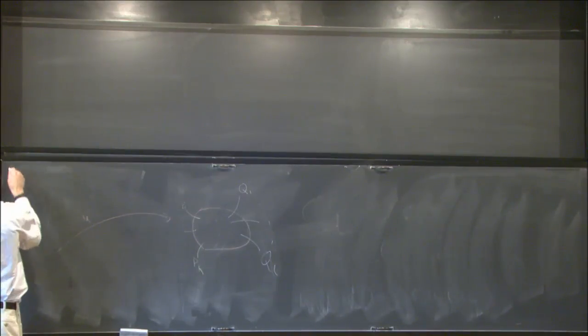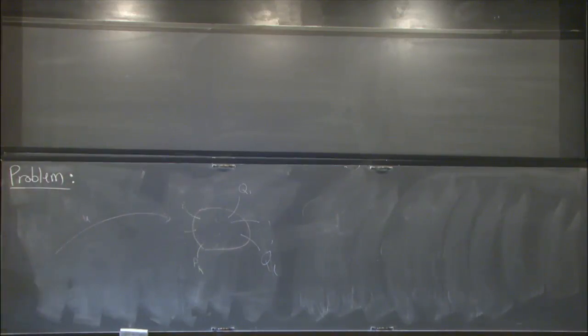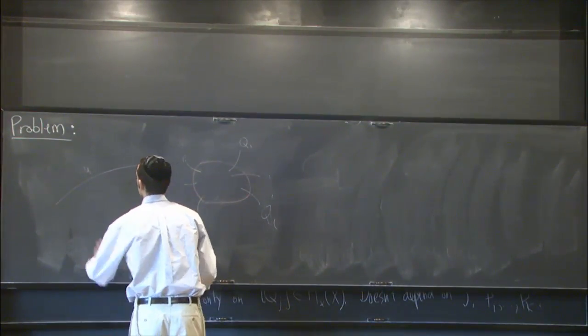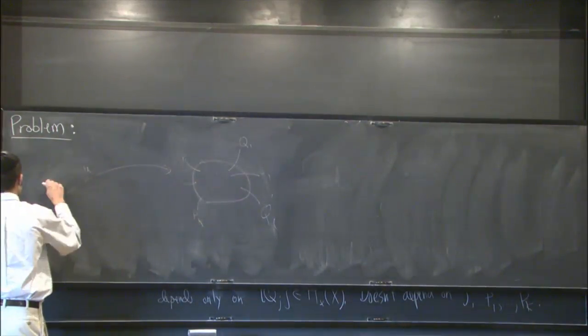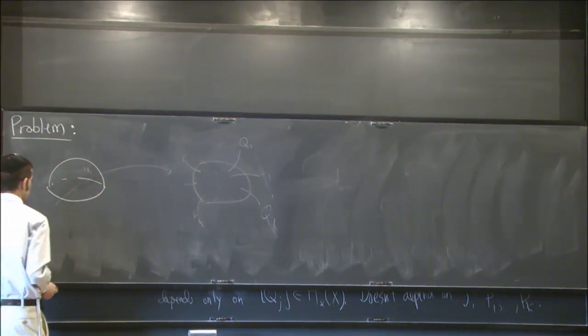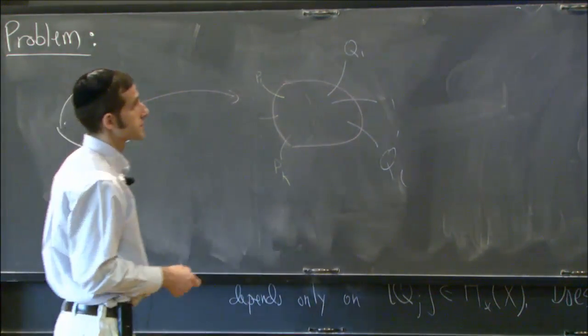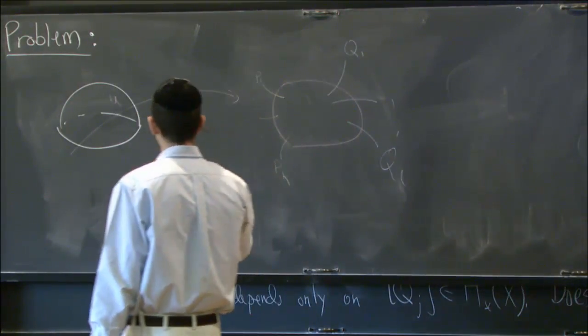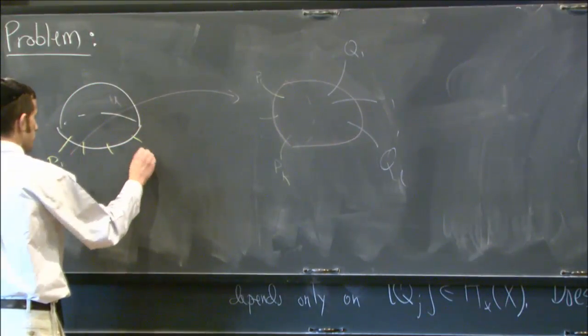Okay, so what's the idea? Why aren't disk counts naively invariant? What can happen is you can be counting a disk and then change J. So let's just think about boundary constraints from now on. So we have a whole bunch of boundary constraints, p1 to pk.